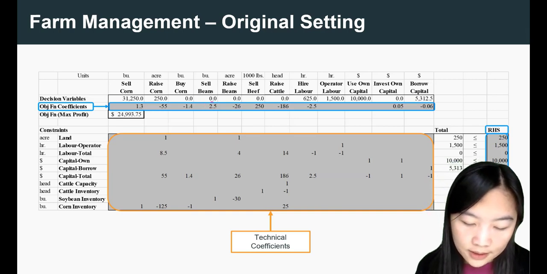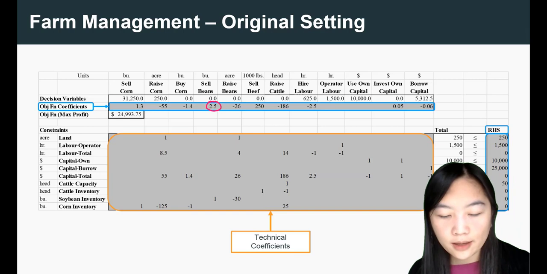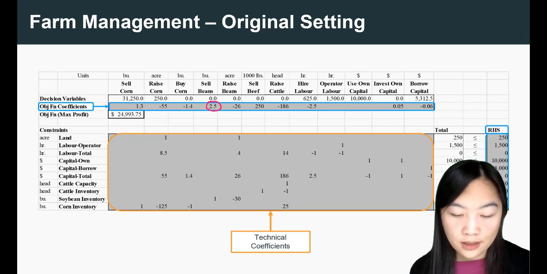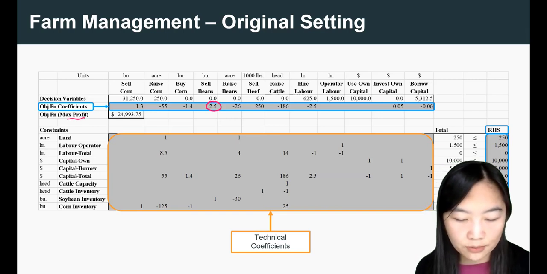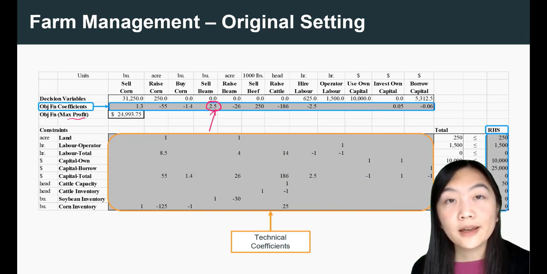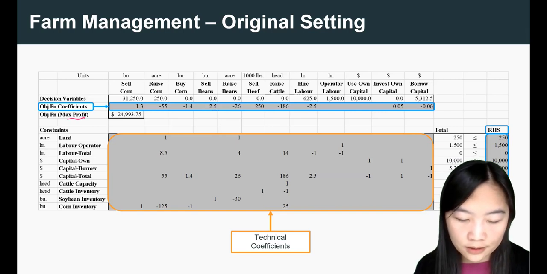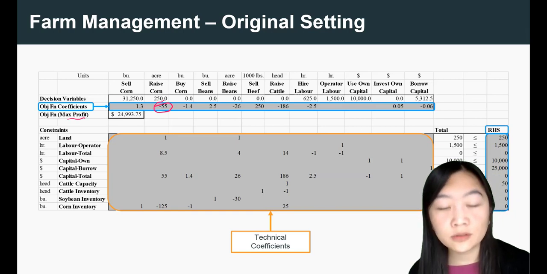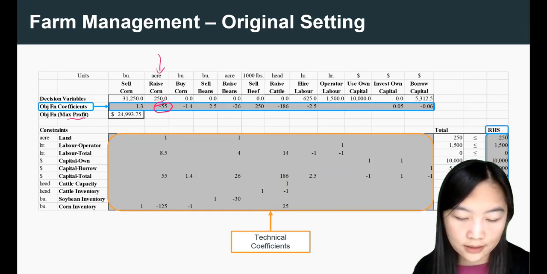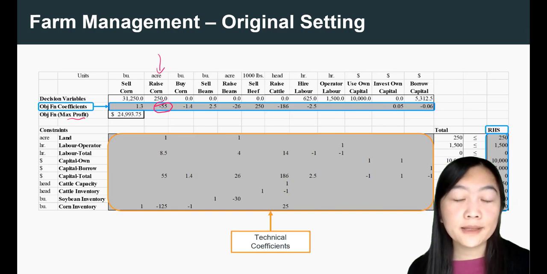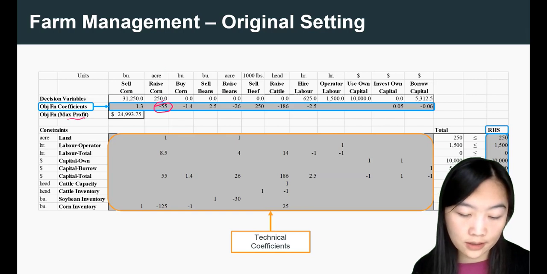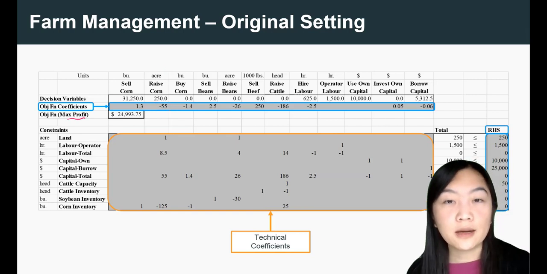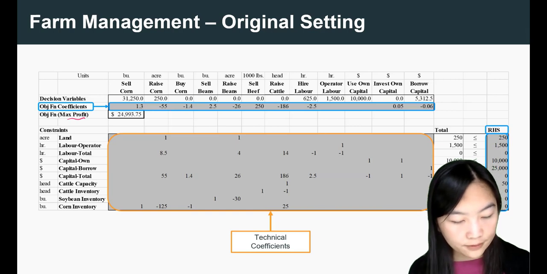That means if we increase the bushels of beans sold by 1 unit, then the profit will increase by this amount. And if we raise 1 more acre of corn, for this decision variable there will be a $55 cost. So this contributes negatively to the profit because there's a cost of doing that.